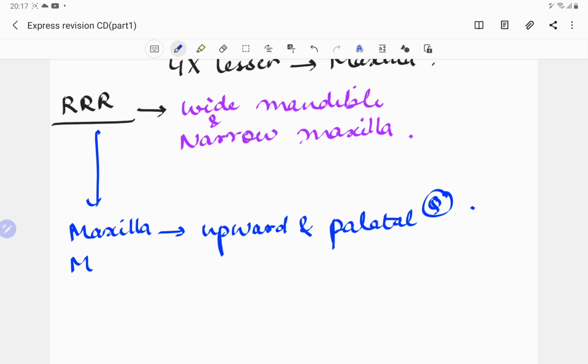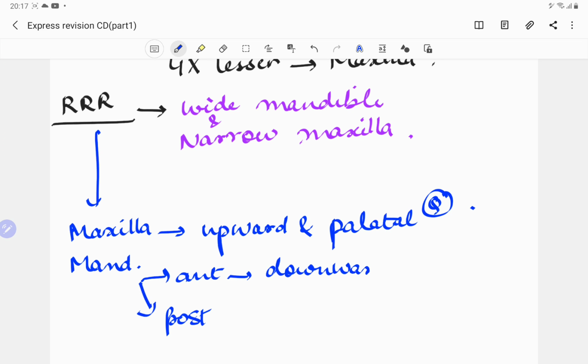And in the mandible, now we'll be talking about two things, anterior and the posterior. So in the mandible, anteriorly, the resorption is in downward and lingual direction. And posteriorly it is downward and buccal.